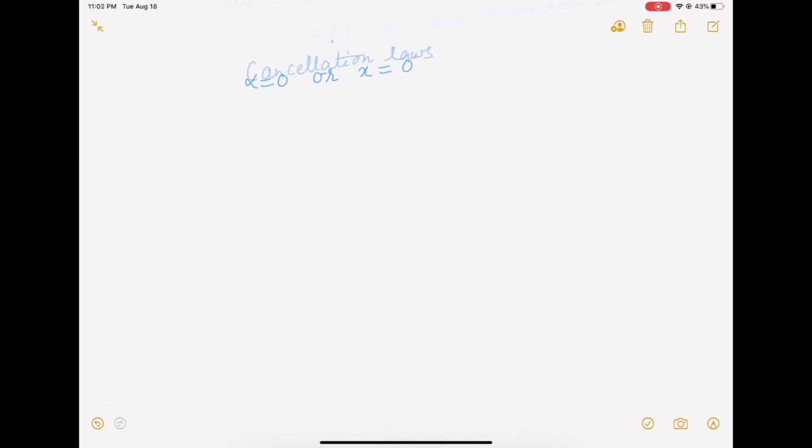Okay. Next we prove cancellation laws. First one is u plus v equal to u plus w implies v equal to w.